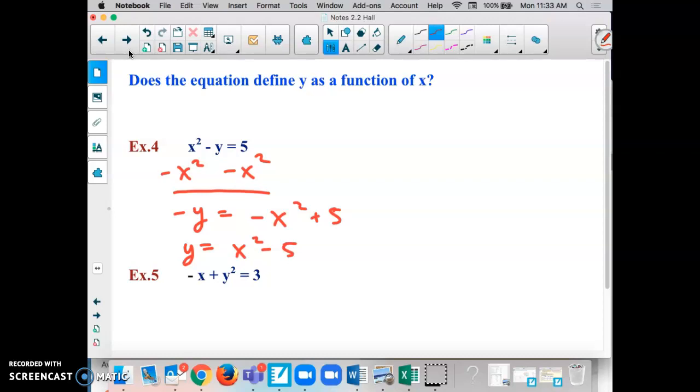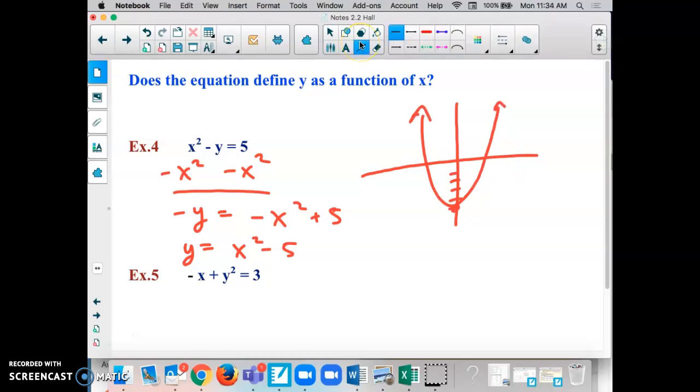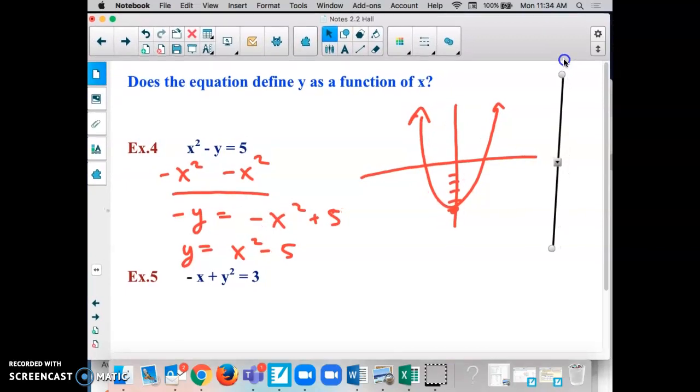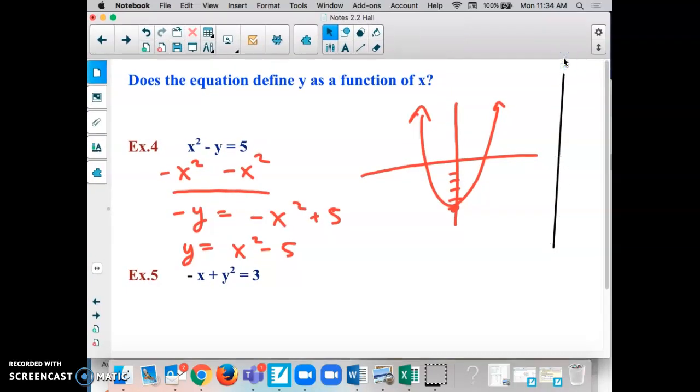All right, we can graph this. This is a parabola. You guys know this graph. It's x squared. The vertex would be (0, -5), and then 3, 4, 5. So point there, and it would be a parabola that opens up. And if we put the vertical line test to it, you'll notice I have my vertical line.